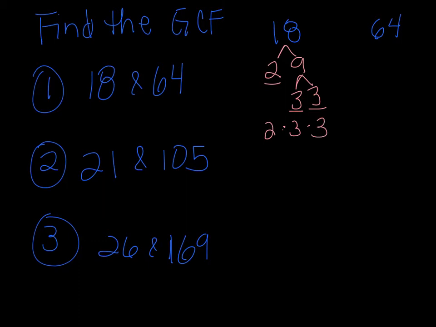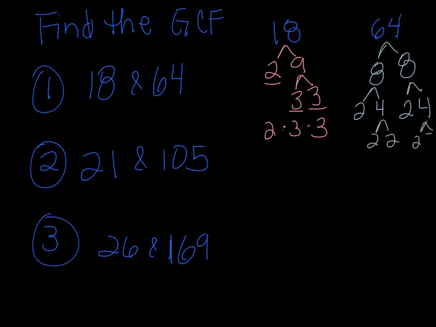Now let's look at 64. I'll put 8 times 8. Some of you might have chosen 2 times 32. Here we have 2 times 4 on both sides, and since 4 is not a prime number, we know that it's 2 times 2 and 2 times 2.